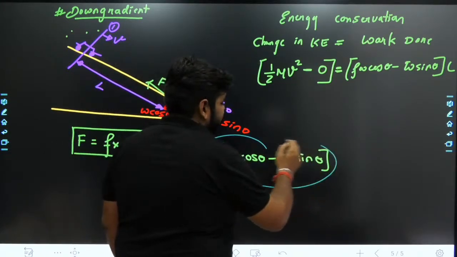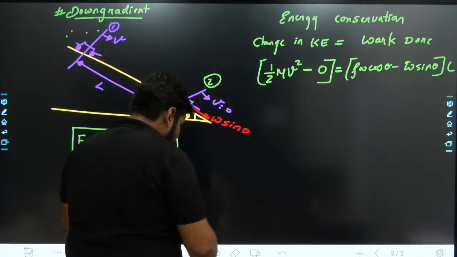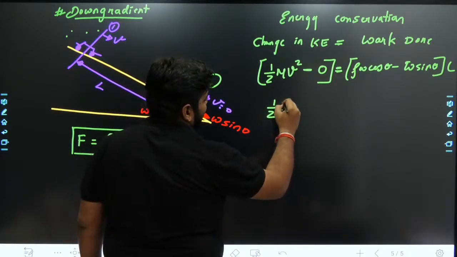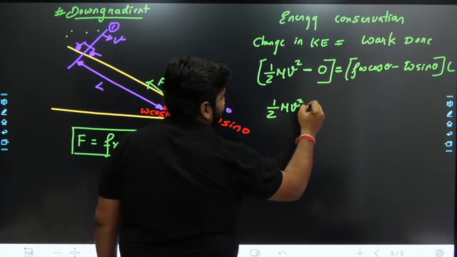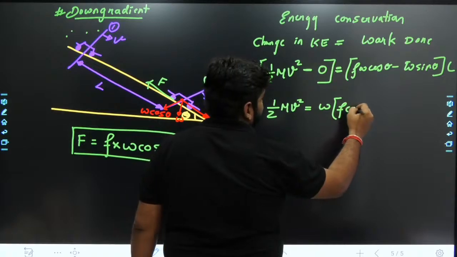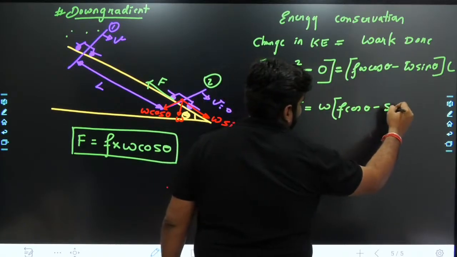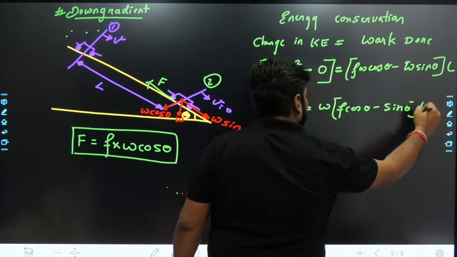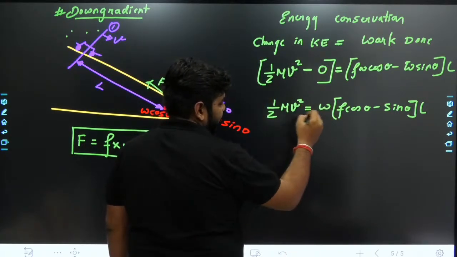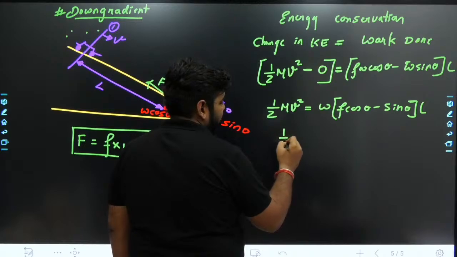Now we'll solve it further. Half mv square is equal to W, taking W common, F cos theta minus sin theta multiplied by L. W can be written as mg, and m and m cancel out.